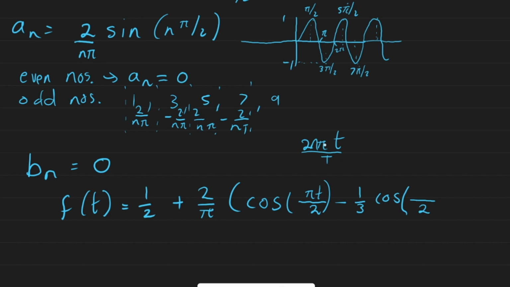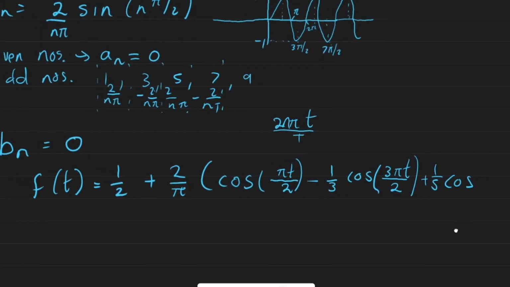And n is now 3, so it's 3 pi t over 2. And it carries on like that. So the next term will be plus 1 over 5 cos of 5 pi t all over 2, and so on. So this is how we would write our Fourier series.